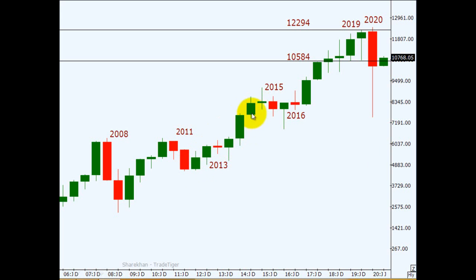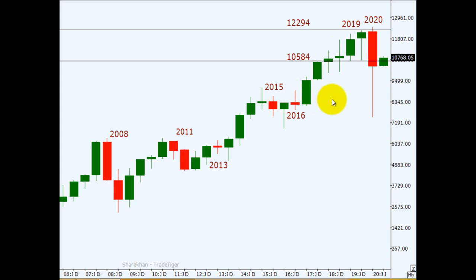Continuously FIIs have bought here. Can you see this? That is the reason Nifty has moved from almost 4,800 to 8,000. Again in 2015 and 16, both activities, buying and selling, happened equally. Again from almost 2016 or 17 till 19, there is huge FII and DII buying here.